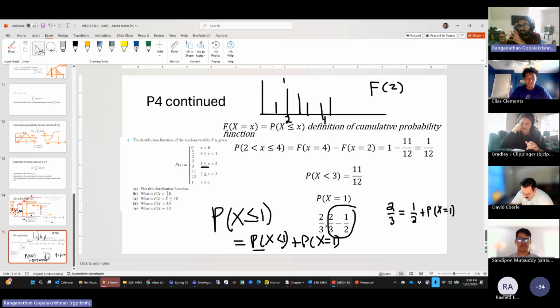I'm serious, it's not a sarcastic remark. I really can't think how else I would be able to calculate probability of x less than 1 other than substituting x equal to 1 in this formula here. That made sense to me. That's why I did that.